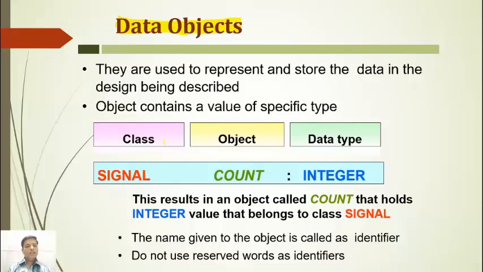So here class is there, object is there, and their data type is there. Class is nothing but signal, object is nothing but count, and data type is nothing but integer.